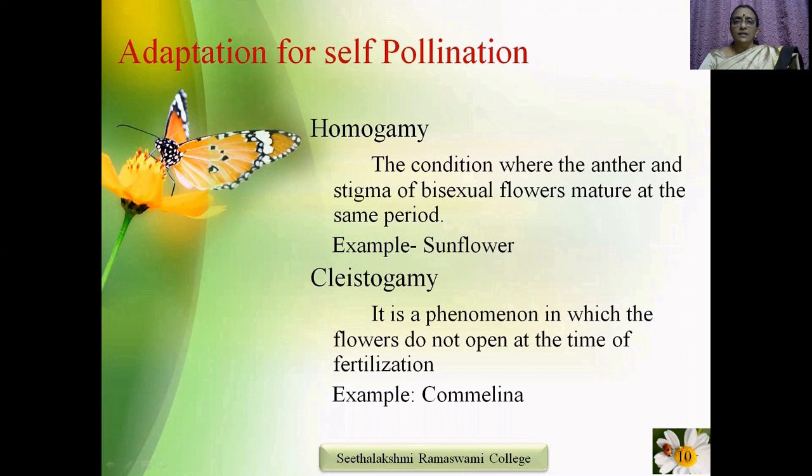Cleistogamy is seen in the underground flowers of Commelina, which are small and inconspicuous. Many rice varieties are also cleistogamous in the sense that the anthers in them shed their pollen and pollination is complete before the flowers open.